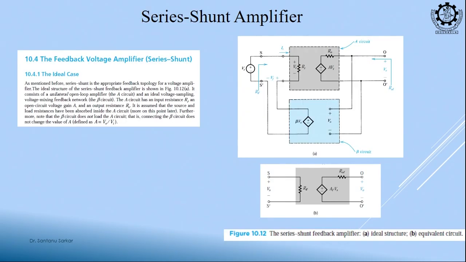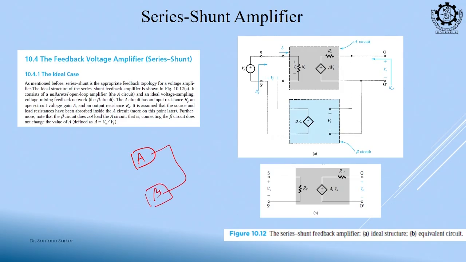See, this is our circuit. Whatever A and beta that we are drawing, the same thing is drawn. This A is replaced by a 2-port network. This beta is also replaced by a 2-port network. So, what we know?